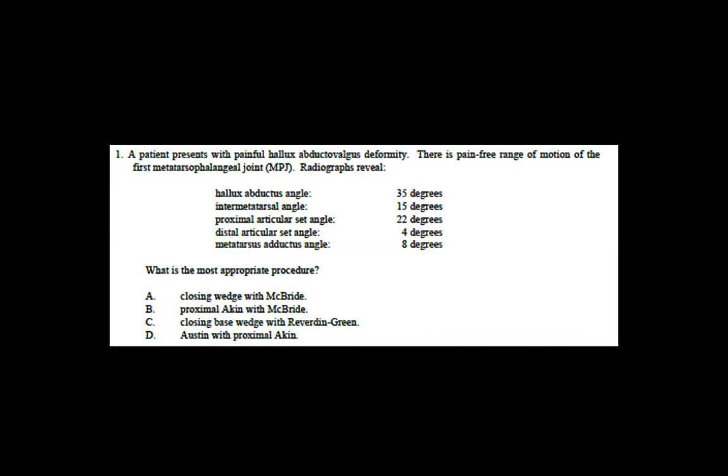That being said, I have up a question here that's from an old ABFAS practice exam that they had posted online. And some of the questions, which we used a style of this in PodSurge 1, were to list angles for bunions, and then you have to know which angles are abnormal to then pick the right procedures.